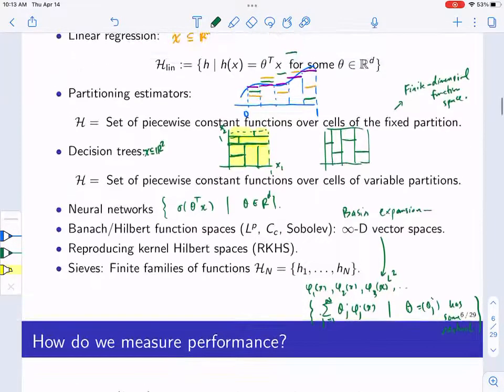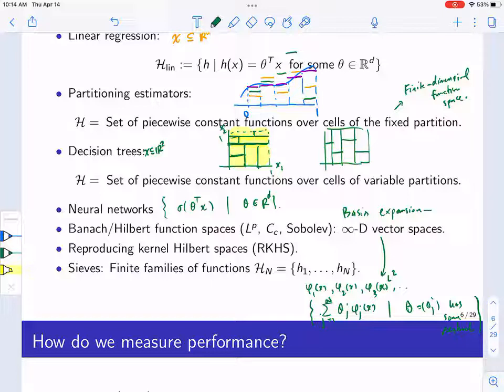And then we have sieves, which are finite families of functions. Usually you change the number of functions as your sample size grows. If you look at finite families, you usually don't overfit if the number is small. But as you get more and more samples, you can increase the number. And usually they're easy to analyze.